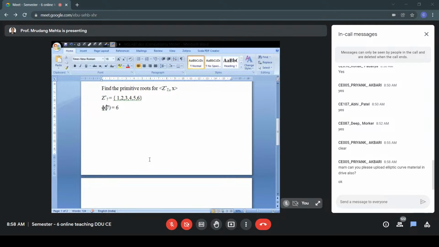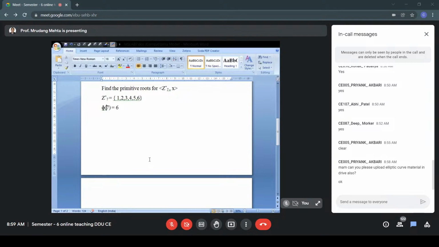What we need is modulo 7, so the table that we are going to prepare is going to be modulo 7. To find the primitive root, we take a raised to i mod 7.